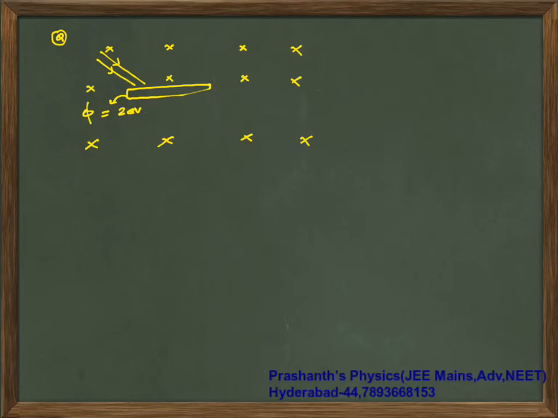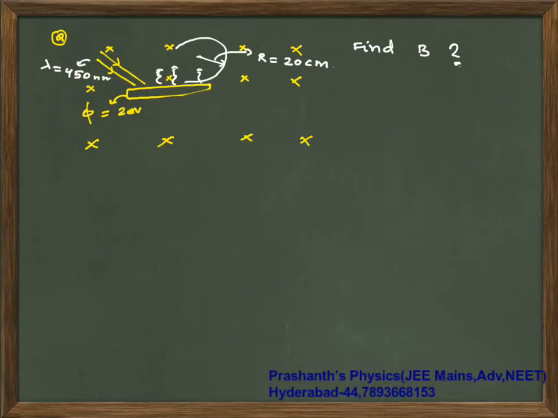The electrons that are emitted are bent into a circular arc, and that circular arc's radius is r equal to 20 centimeter. Question is, find magnetic field B. The wavelength of incident light is lambda equal to 450 nanometers.